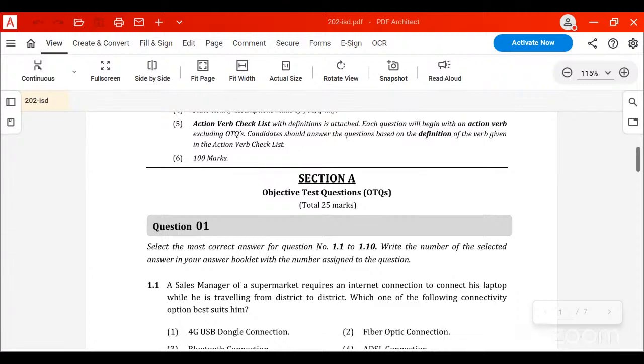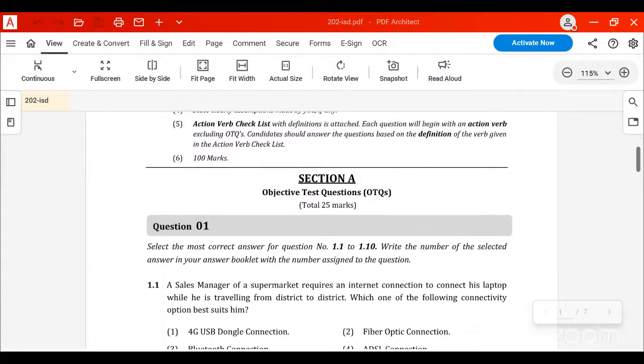Section C is the last question. 25 marks are allocated for this single question. It includes a business scenario, a case study, and questions on IT strategies and different topics. All topics in the syllabus can be included in this particular case study.